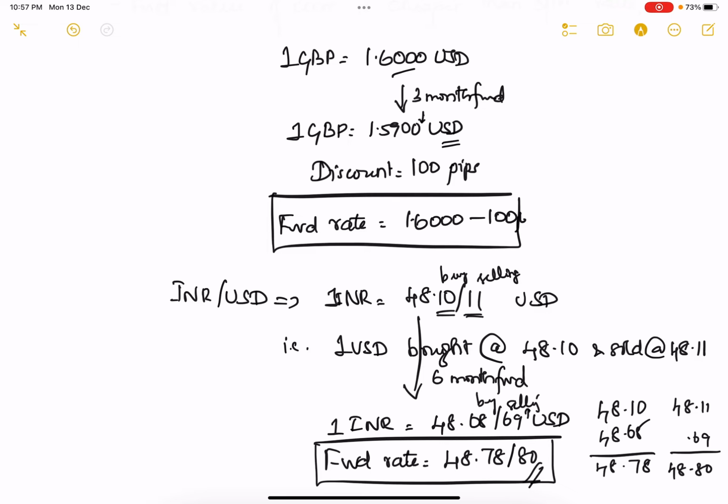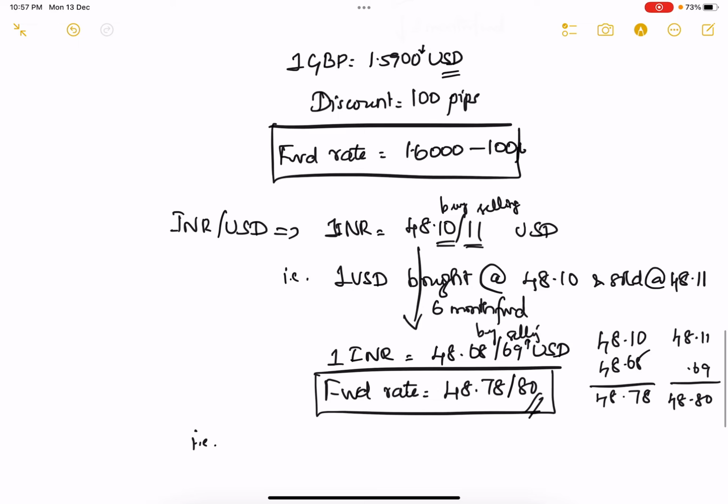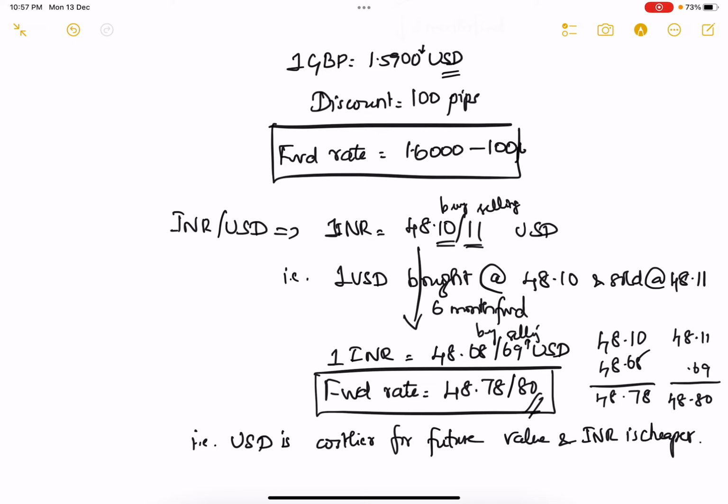So that is how we derive forward rate. So which means that USD is costlier for future value and INR is cheaper for a future value.